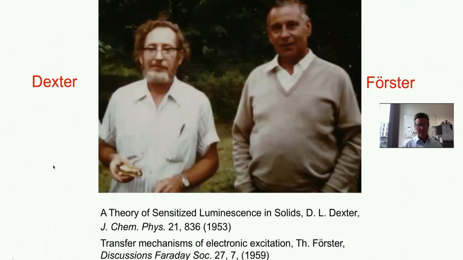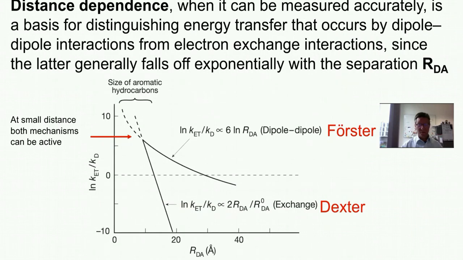So how can you really determine whether you have a Förster or Dexter mechanism? Well, you can, for instance, look at the distance dependence of the rate. Is there an r to the power 6, or is there just a natural logarithm of the rate?